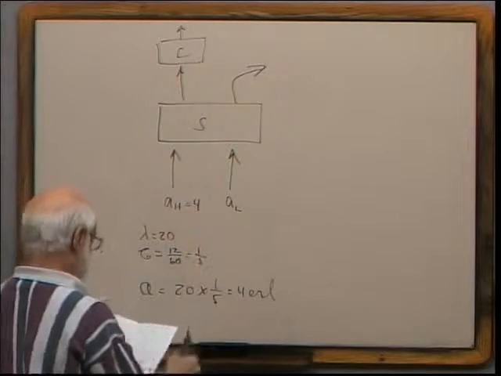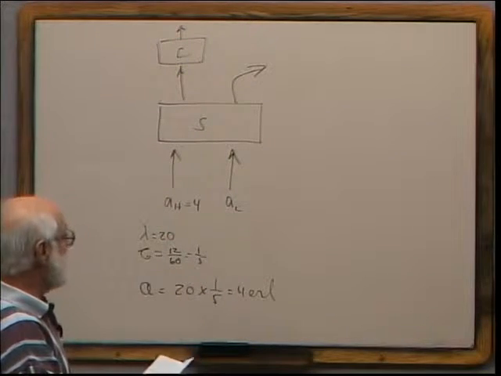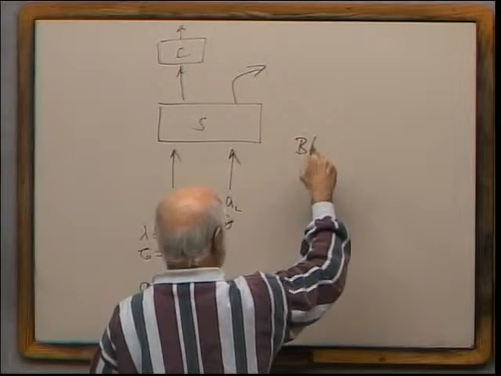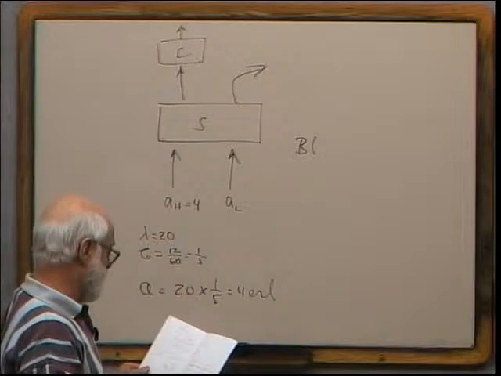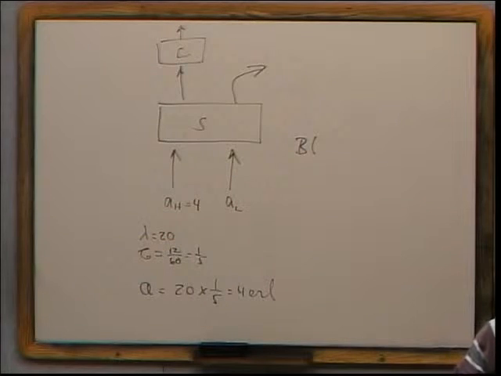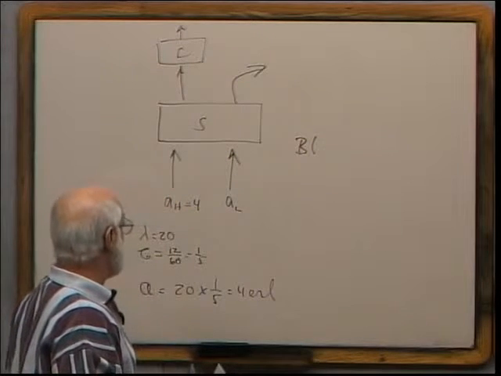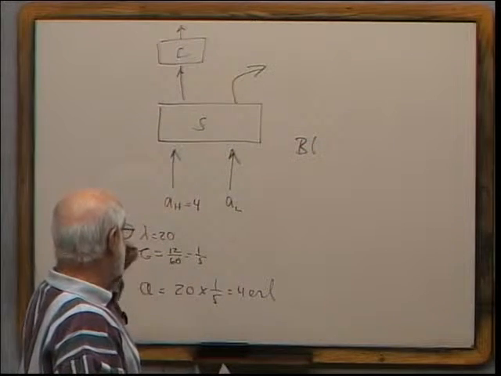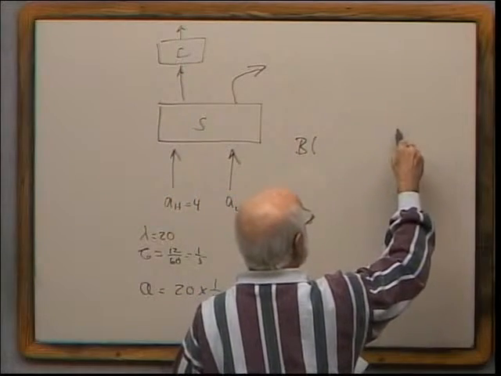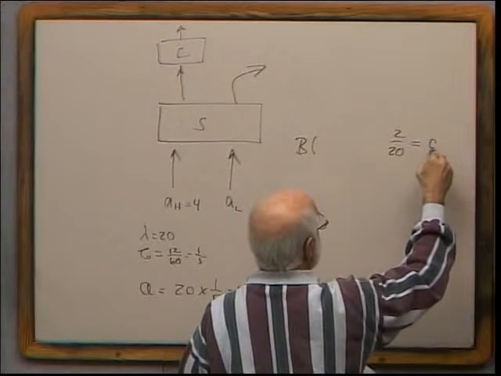You're also told that the measurements show that they overflow at the rate of 2 per hour. So if they overflow at the rate of 2 per hour and they arrive at 20 per hour, then the probability of loss must be 2/20ths, or 1/10, 10%. So we have a probability of loss of 10%.